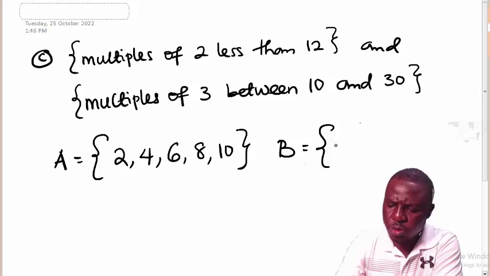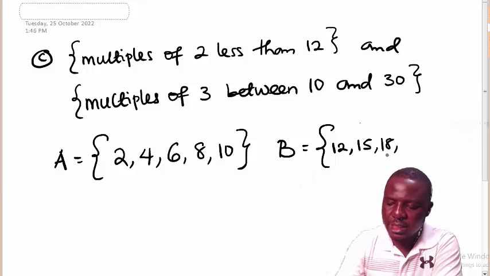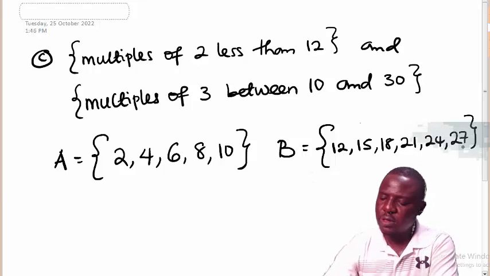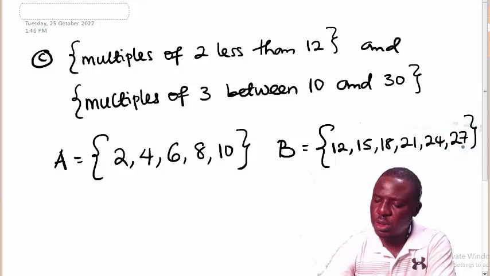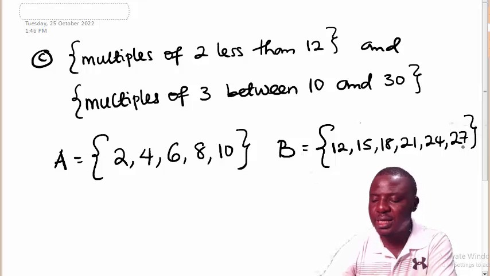So the first multiple of 3 after 10 is 12. We have 12, we have 15, 18, 21, 24, and 27. Yes, these are the multiples of 3 that fall between 10 and 30.